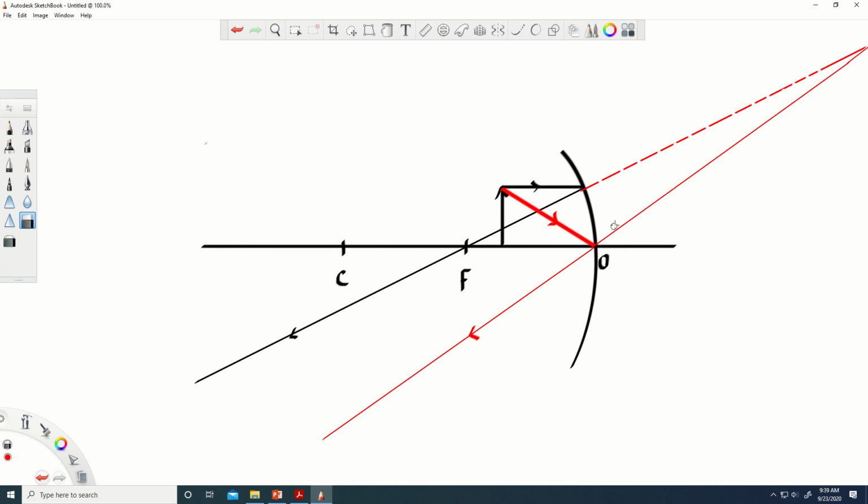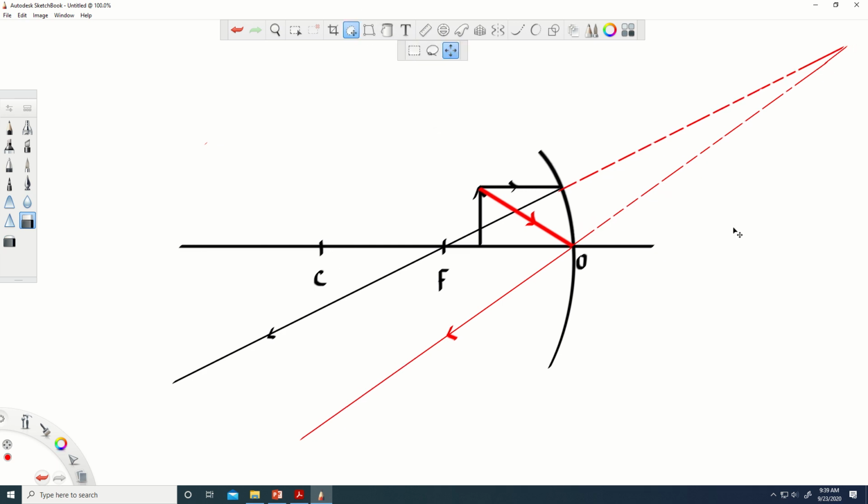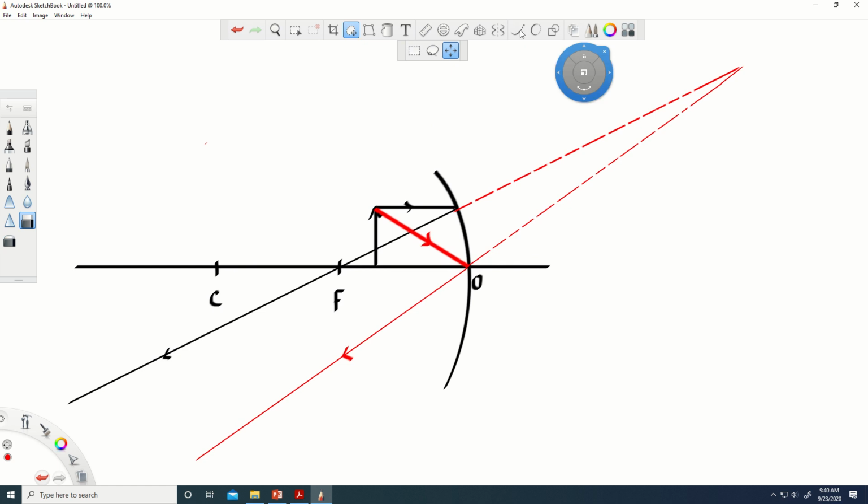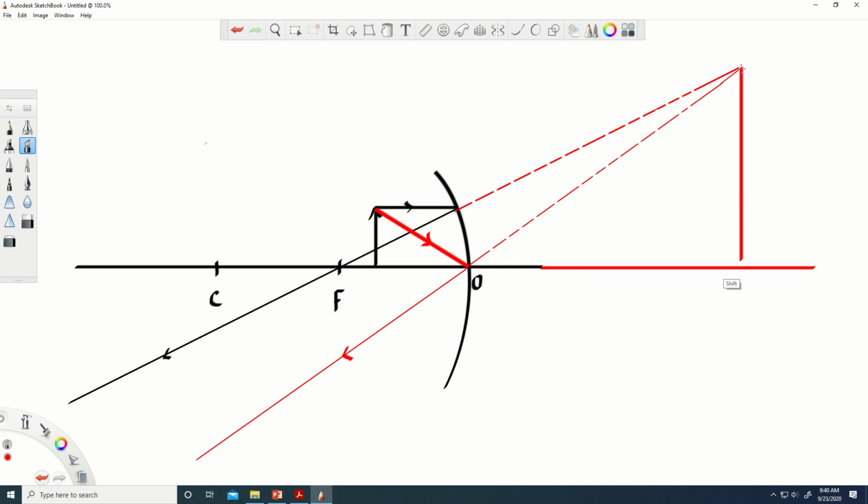These are not real rays. They are just rays that are produced backward, and they meet somewhere here. So they meet somewhere here. That means that would be the point where the image is formed.